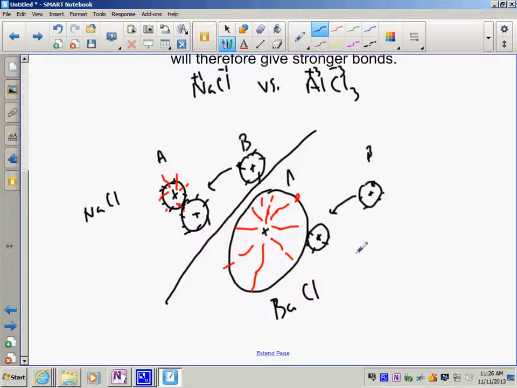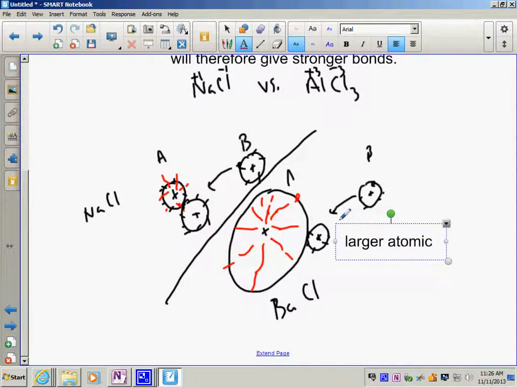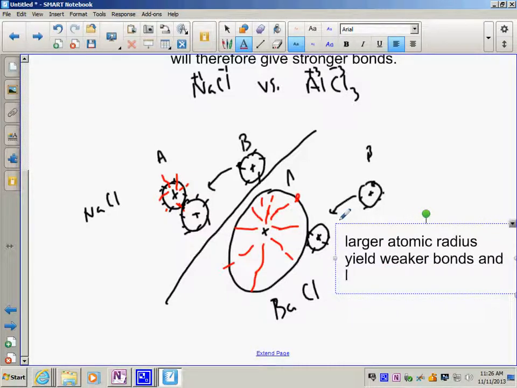Therefore, let's make a little summary here that might say: larger atomic radius yields weaker bonds and lower melting points.